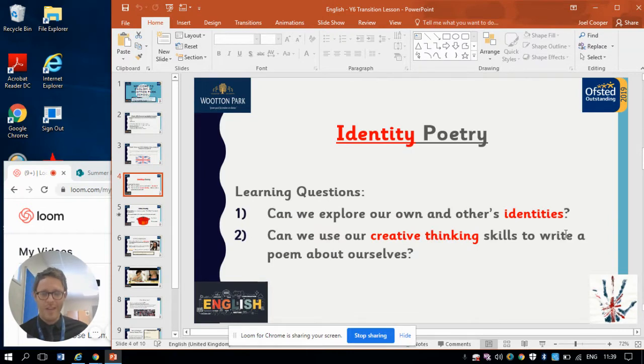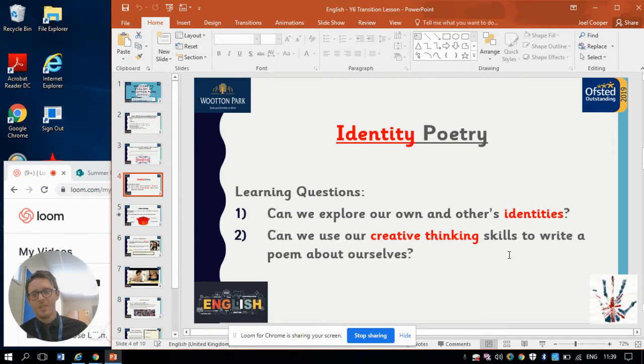We're going to be looking at a poem, and this poem is going to be all about identity. So not only understanding our own identity, but also understanding other people's identity. But we're also going to think creatively about the poem and how we might explore our own background through poetry in a creative manner.